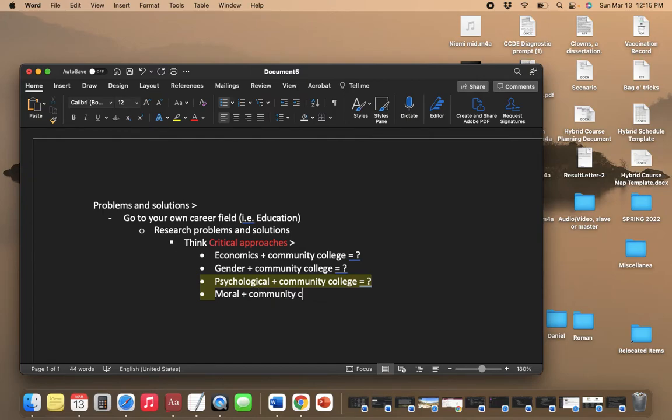Moral approach is ethics, values, questions of right and wrong. The political would probably be found in the moral approach, and not necessarily politics like what you see on TV, but politics nonetheless.